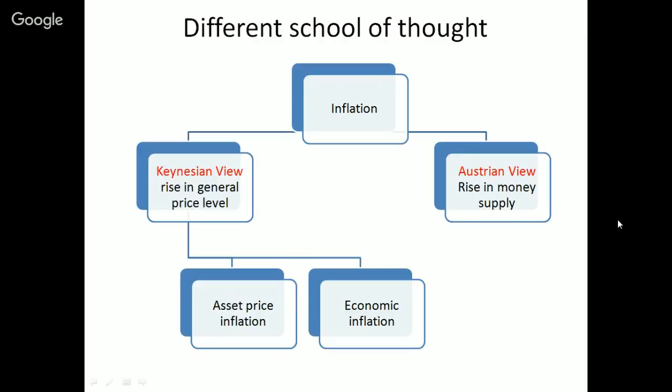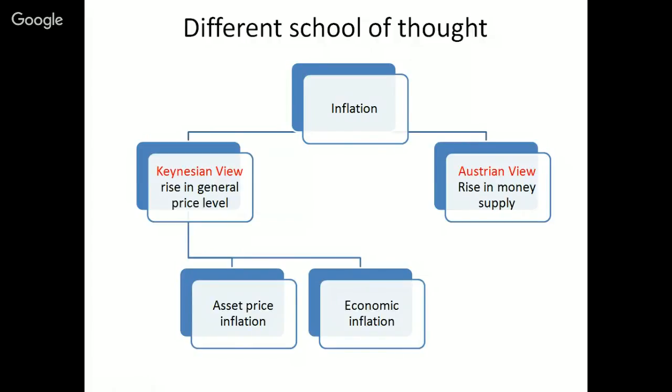When you look at Keynesians, there comes a discussion of two varieties, that is asset price inflation and economic inflation. Economic inflation is when CPI starts rising, let's say from 1% to 2% to 3%. Then all those Keynesian economists say, okay, we are having inflation in the economy. And asset price inflation is just a rally in stock markets or risky assets.